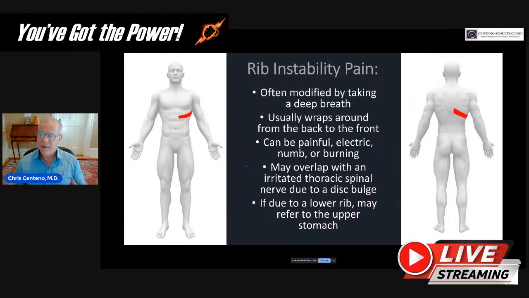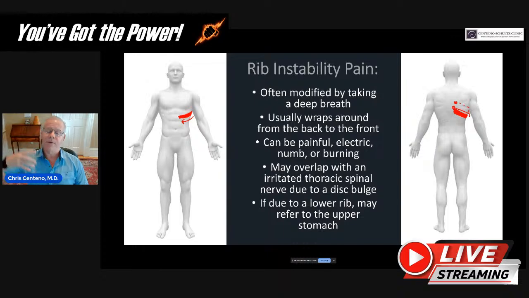So the rib instability pain is interesting because it kind of wraps around. Now, it doesn't always have to wrap around. Sometimes it can be just a little spot back here, and then people generally notice a rib out there. Or sometimes it kind of starts here and very much goes and wraps around to the front. And patients usually understand or notice that it can be modified by taking a deep breath.